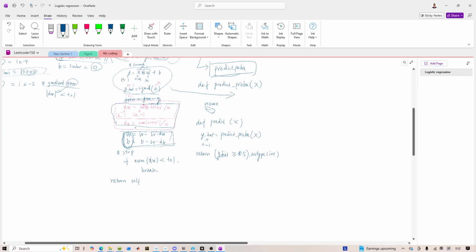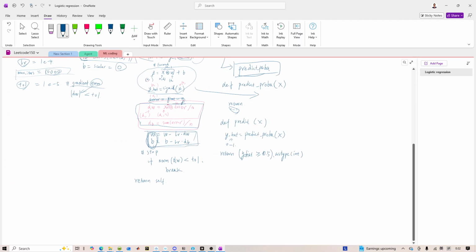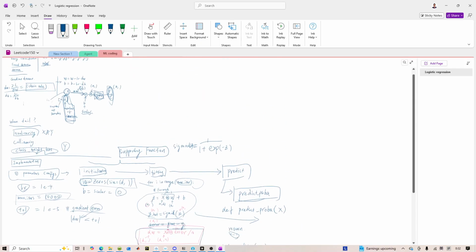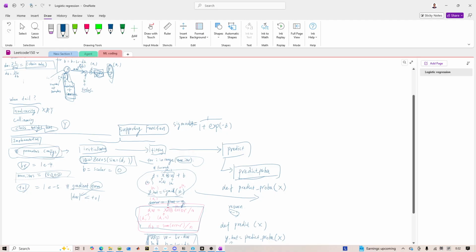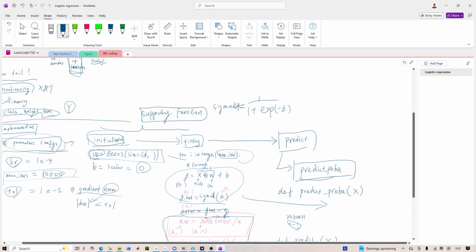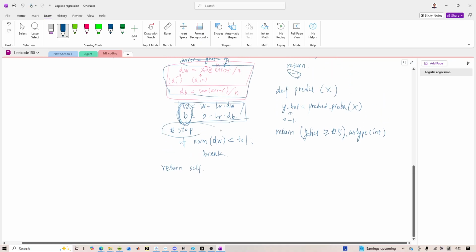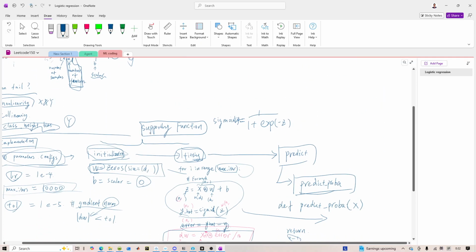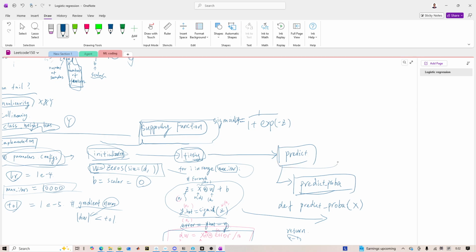That is the whole process for the pseudocode, right? So we need to think about what kind of parameter configurations, how to do the initialization, how to do the fitting, as well as the stop criteria, and what kind of supporting function you can write for reusability, and also you want a prediction function for the user.